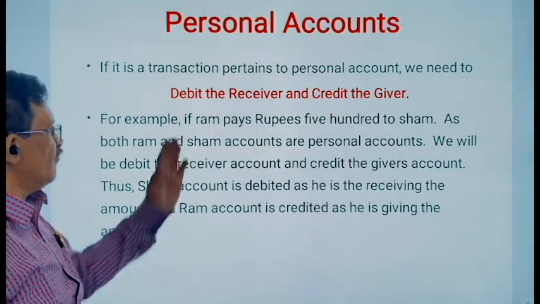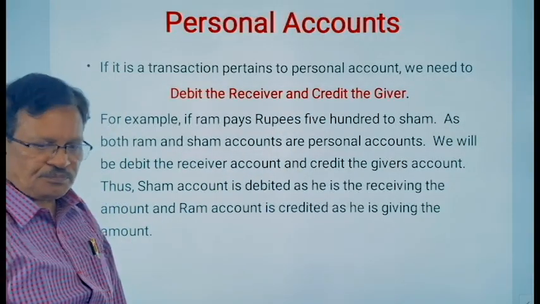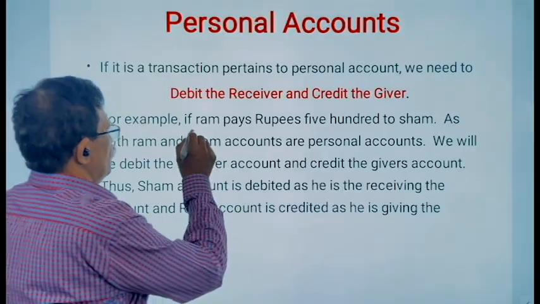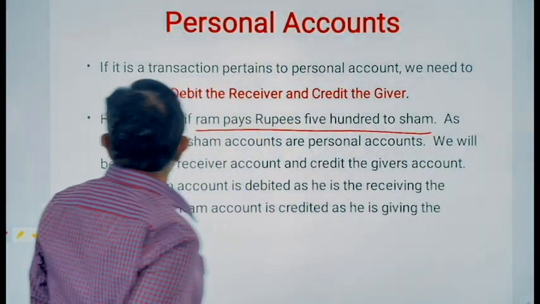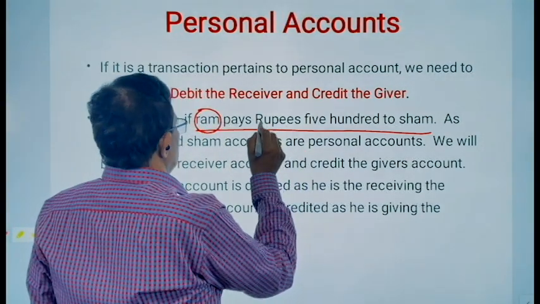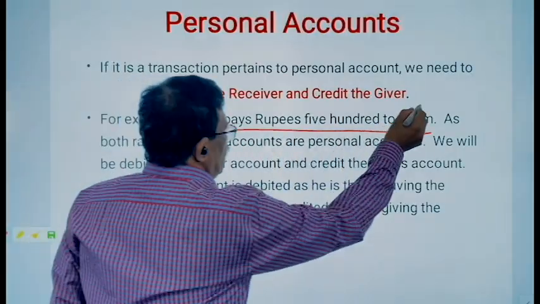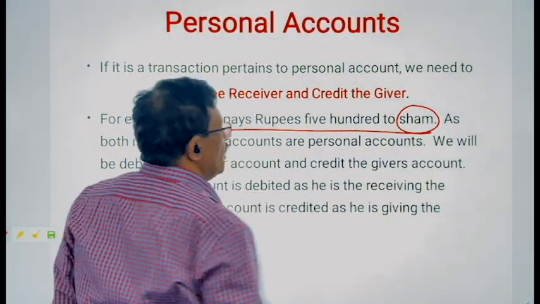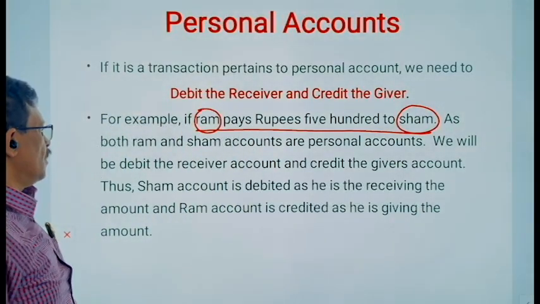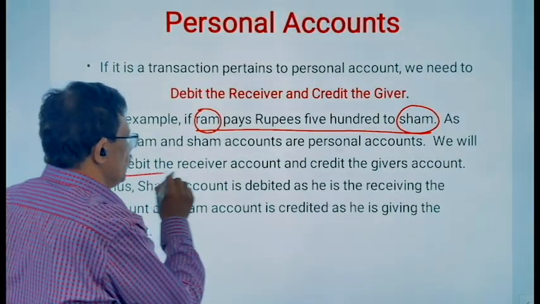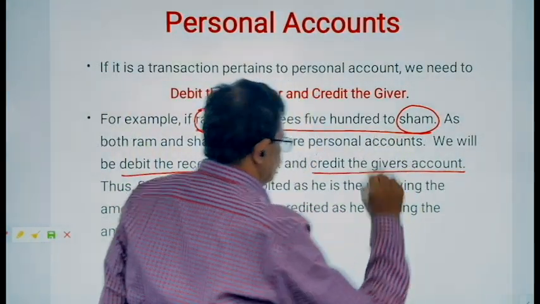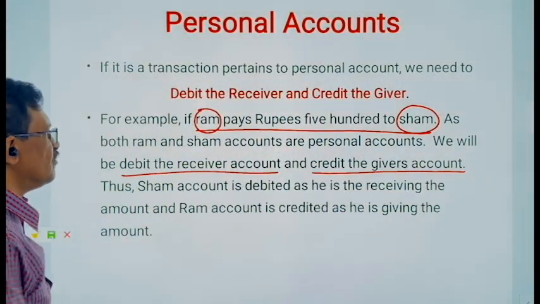For example, if Ram pays rupees 500 to Sham, as both Ram and Sham are related to personal accounts, we need to debit the receiver account and credit the giver account.